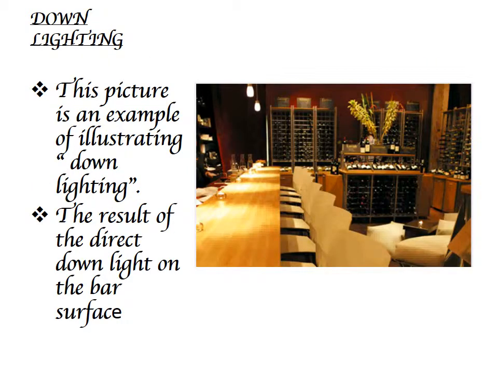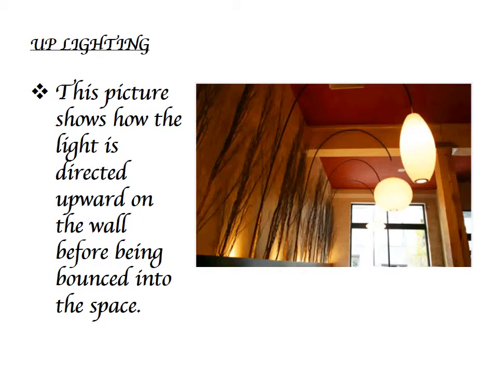This picture is an example illustrating downlighting, the result of the direct downlight on the bar surface. Uplighting. This picture shows how the light is directed upward on the wall before being bounced into the space.